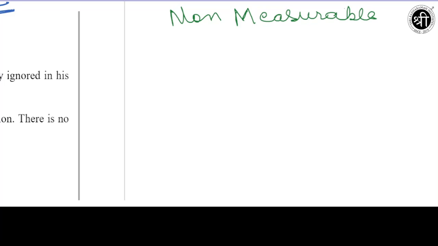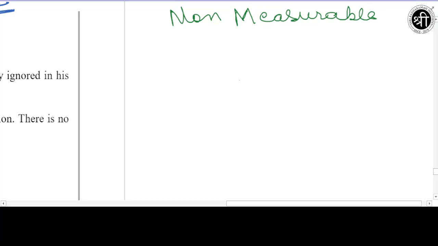Like you might have seen in a reality show, when the performer performs his act, the judges give their score to the person. What is the score based upon? The score is based upon the utility from the performer's act. How much satisfaction did they gain from that act, or how appealing was that act to them? It totally depends upon that.